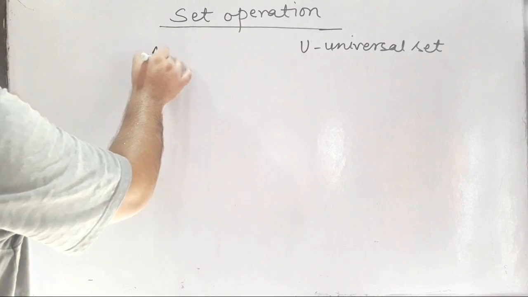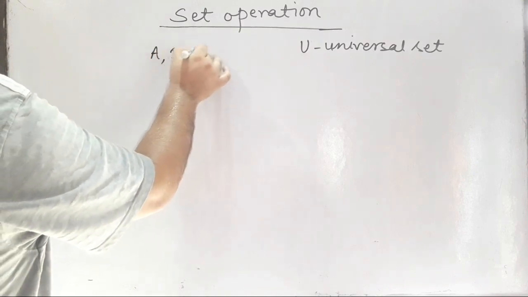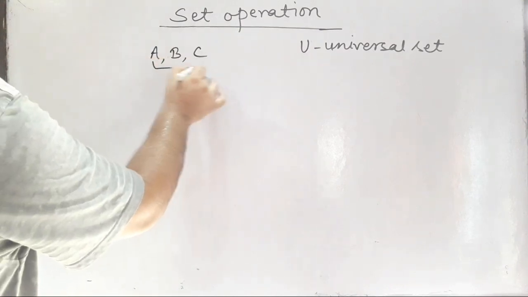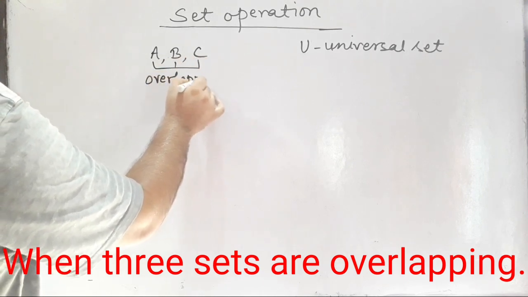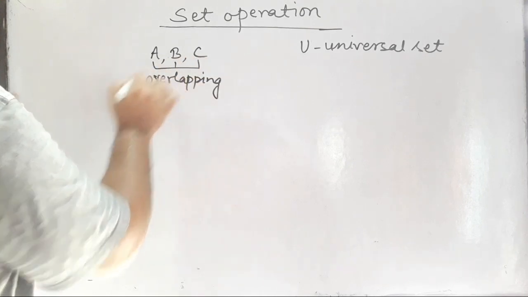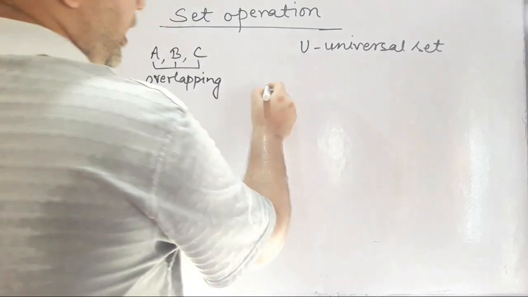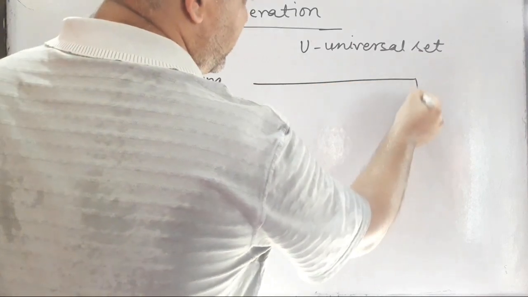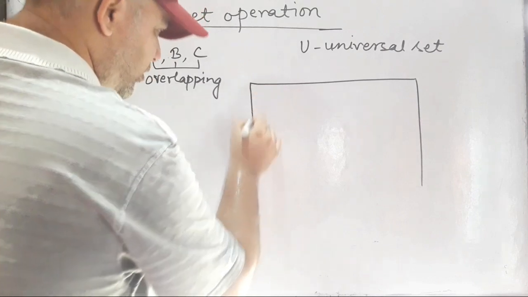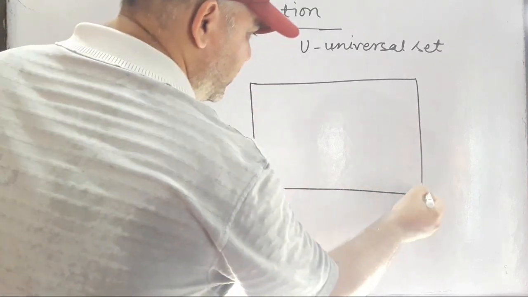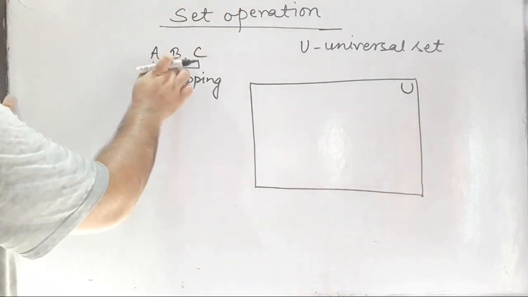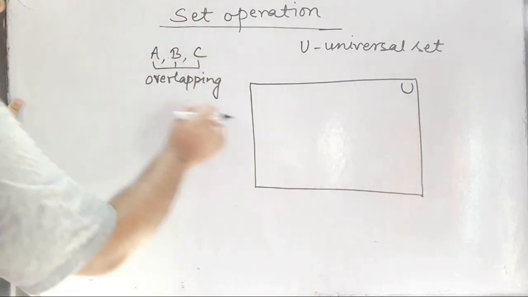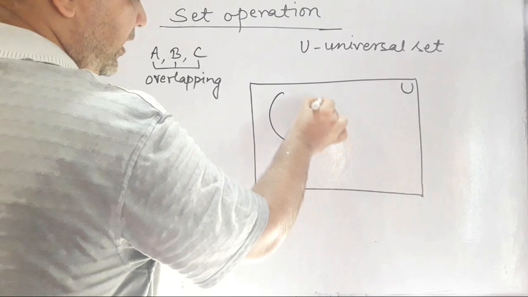If there are three sets A, B and C, and these three sets are overlapping, then how do we make them? At first we make the universal set by making a rectangle. Then, since these three sets are overlapped with each other, we shall intersect them.